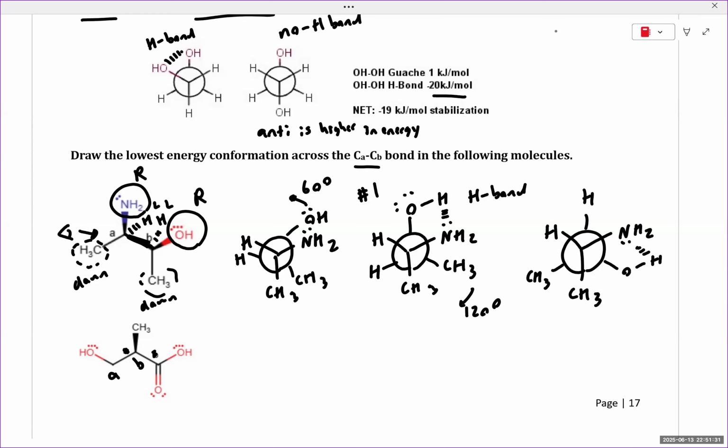How do we decide? Well, let's just make a list of interactions. In terms of gauche interactions, in option number one, we have the OH amine gauche interaction. We have the methyl amine and a methyl methyl.